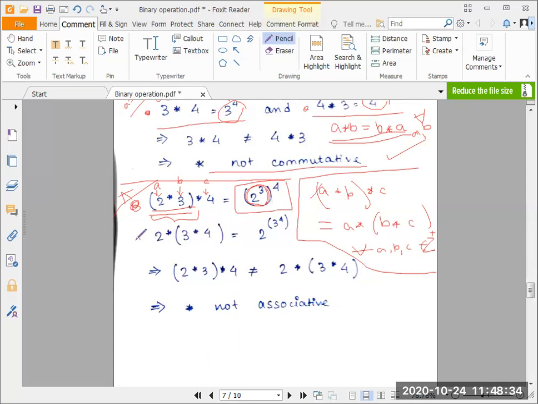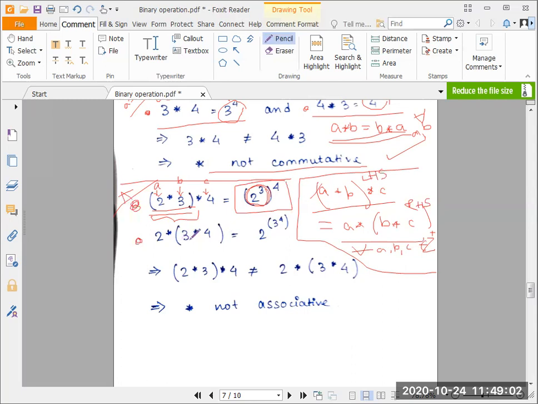In the next equation, this time I take this portion. I try to find out whether this equation holds. So this is the left hand side, and then I take the right hand side. For the right hand side, I have 2 to the power, again taking it one notch at a time, 3 raised to the power 4. So it's 2 star (3 star 4).